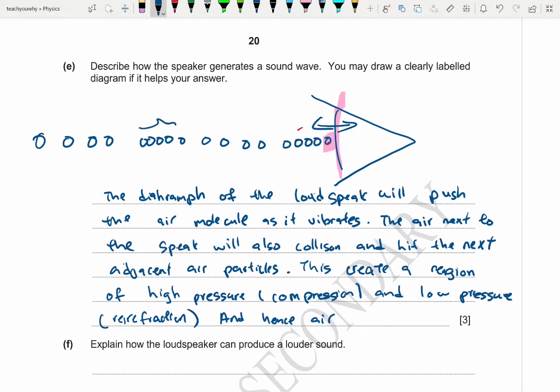So you say this is compression, and this is rarefaction. And hence sound is produced.